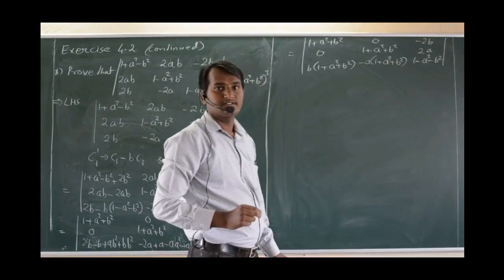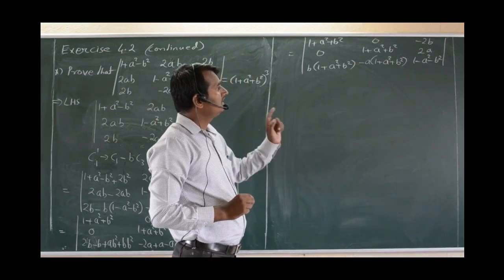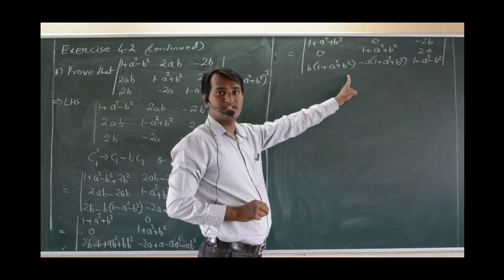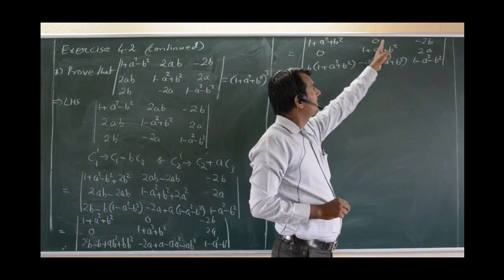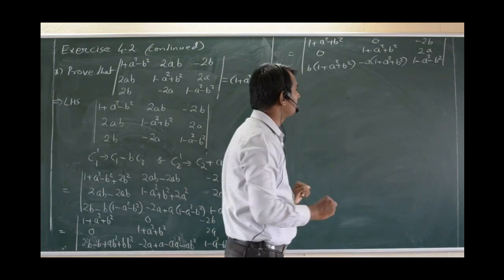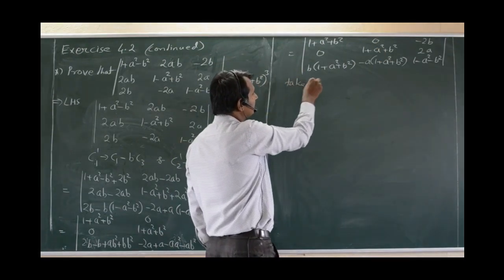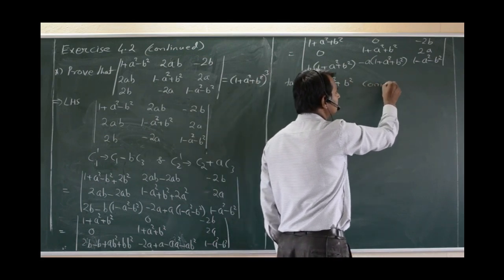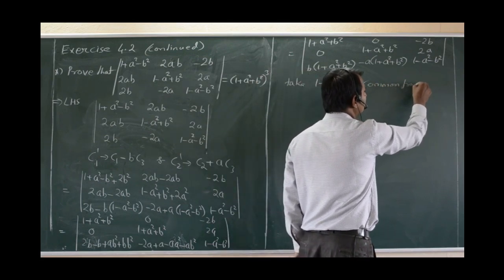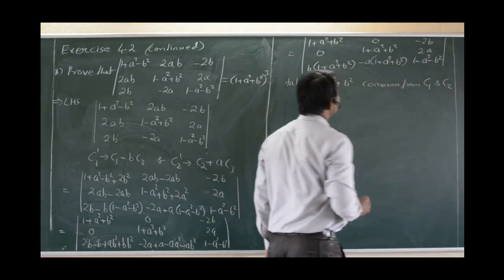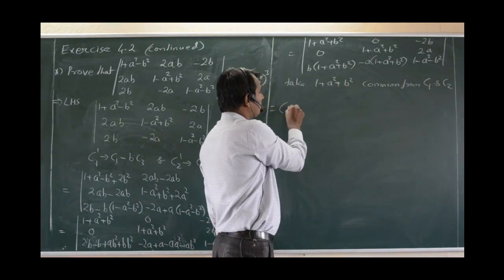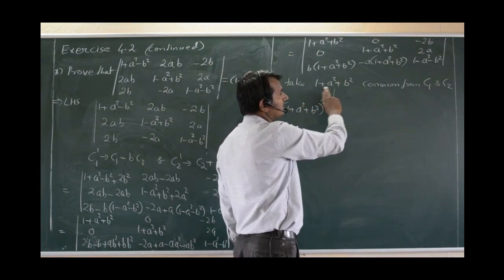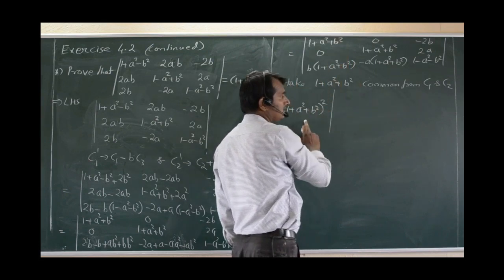Okay, dear friends, now what can I take common? From the first column I can take 1 plus a square plus b square common. In the second column I can again take 1 plus a square plus b square common. Taking 1 plus a square plus b square common from C1 and C2, what we get is 1 plus a square plus b square whole square, since it is taken along C1 and along C2.